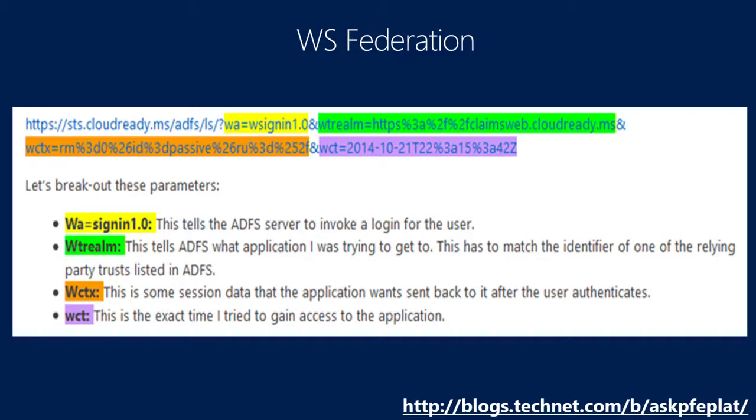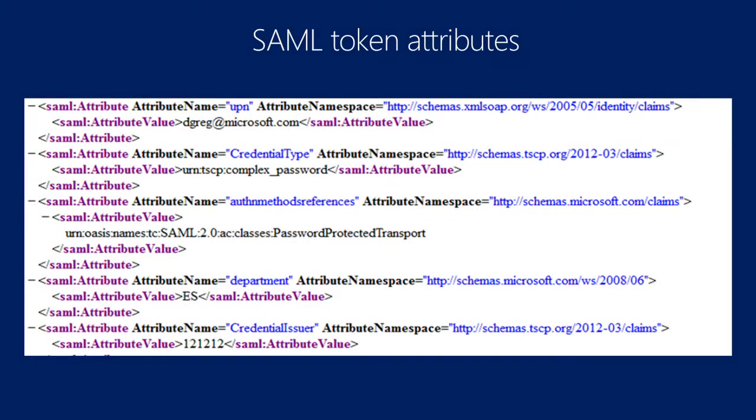I thought we'd have a quick look at the protocol. So if you're looking at the Y, you'll kind of identify what's going on. WS Federation, everything starts with a W. So we've got a sign-in. This means sign-in request, obviously. The realm, this is the application. Context that I want to pass backwards and forwards. And the time that we're going to do it. What comes back is a big SAML token. It's a big XML document.